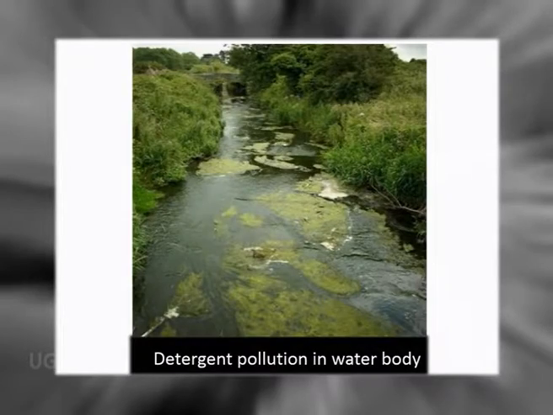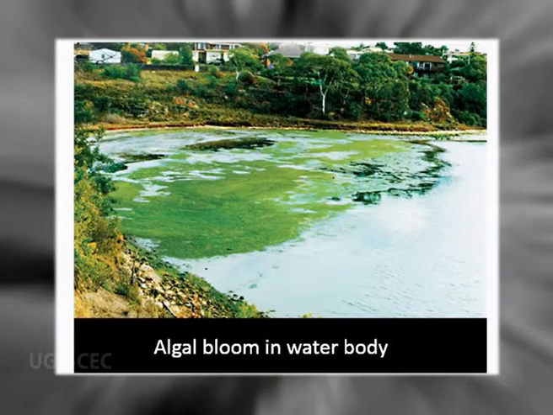And when this phosphorus in the soil, present as fertilizer, also it may be present in detergent, is washed away by rainwater into the water body, inland water body, into the stream, then they will cause pollution. And this detergent pollution is causing frothing in the water body, and very often this eutrophic condition will result in massive growth of algae, commonly called algal bloom.